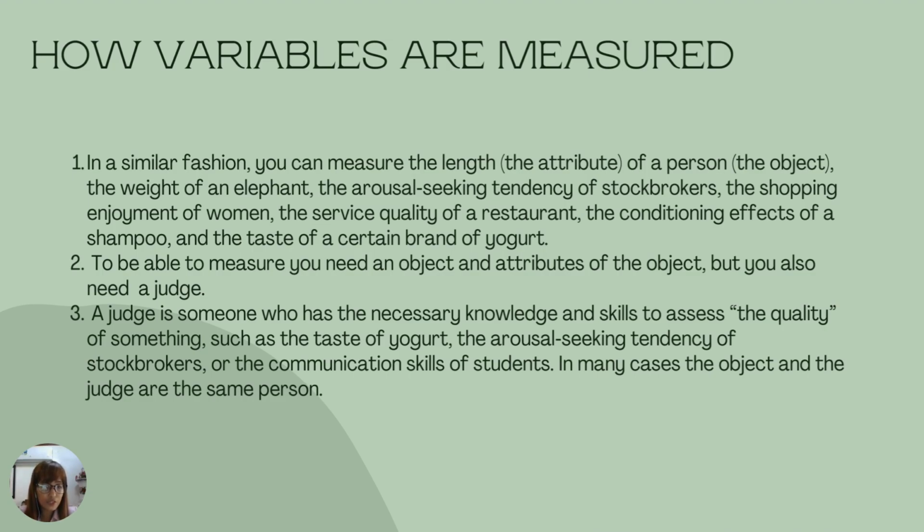To be able to measure, you need an object and attributes of the object, but you also need a judge. A judge is someone who has the necessary knowledge and skills to assess the quality of something, such as the taste of the yogurt, the arousal-seeking tendency of stockbrokers, or the communication skills of students.